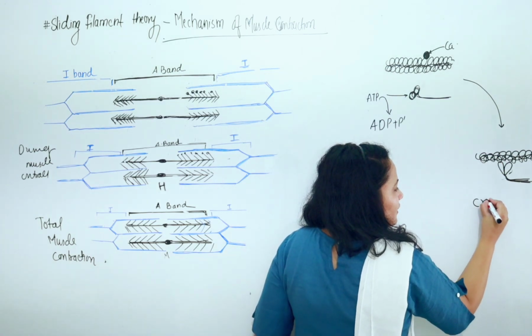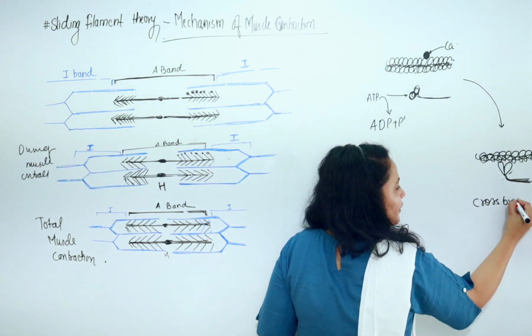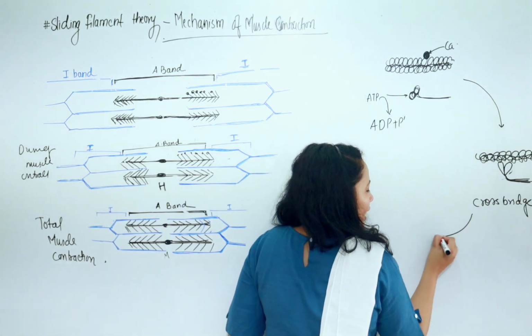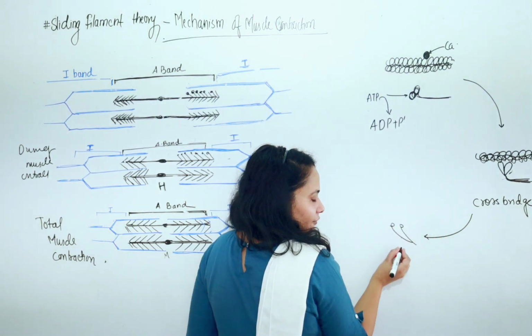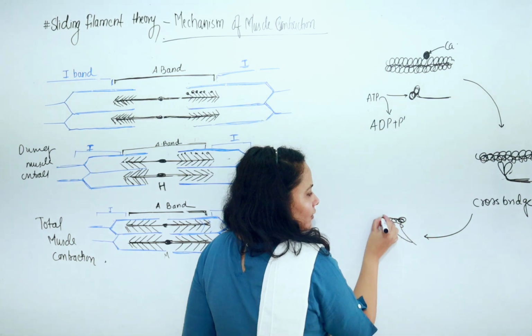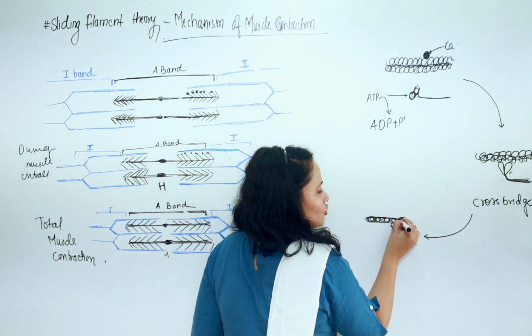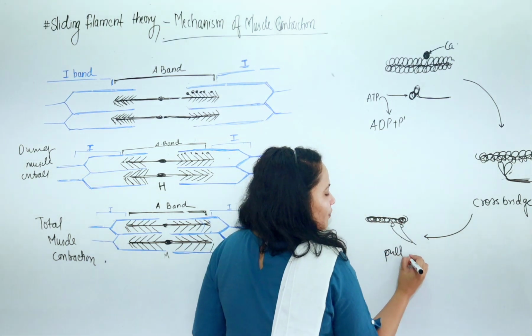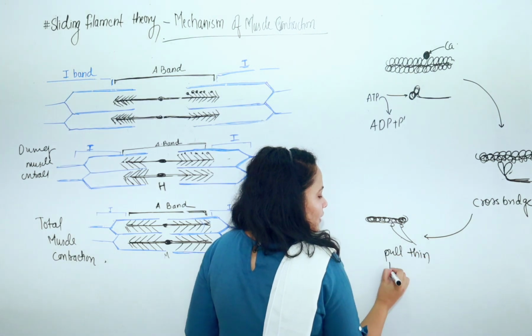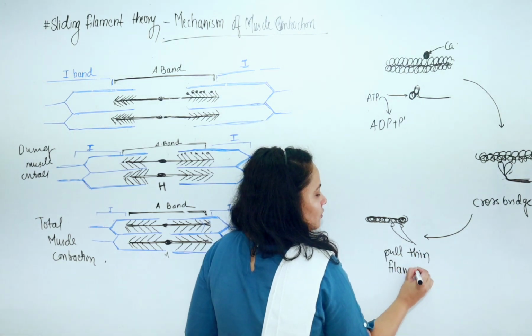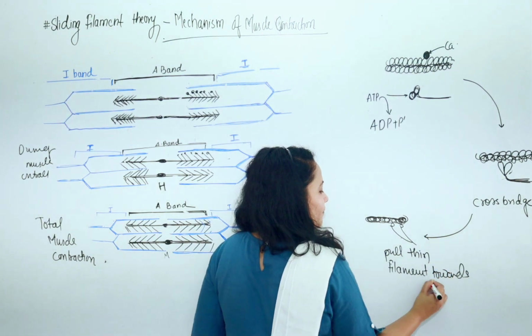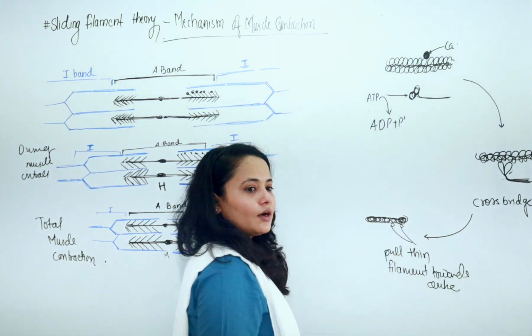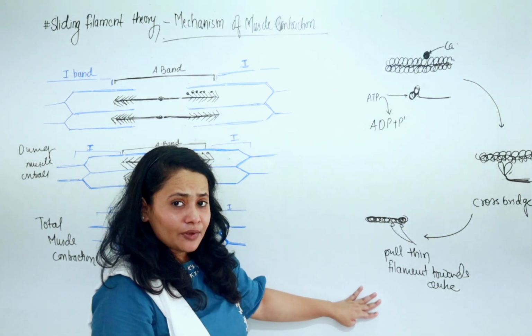So over here you can say that the cross bridge is formed. And because of this, what will happen? This thick filament will pull the thin filaments towards the center. Again, what will happen then?